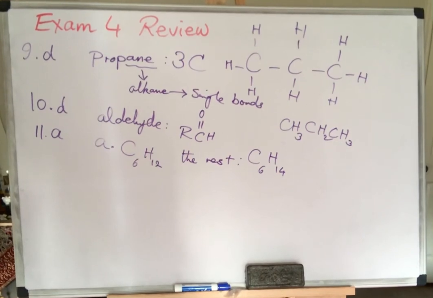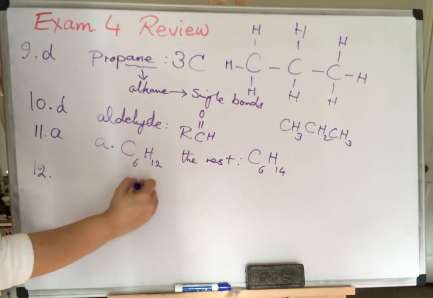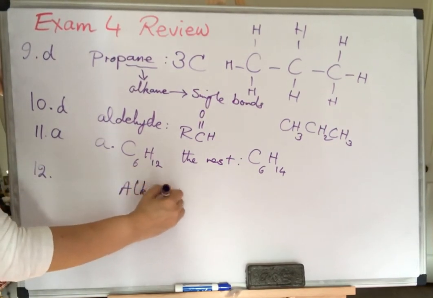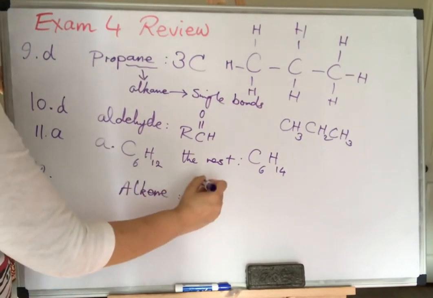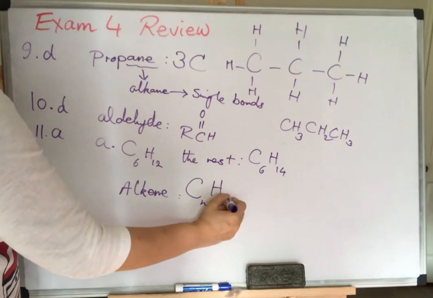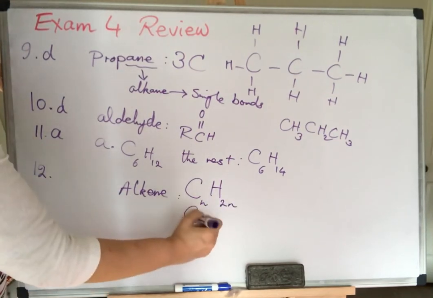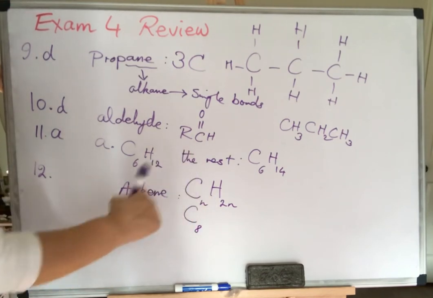Question number 12. What is the molecular formula of a straight chain alkene with 8 carbon atoms? We are talking about alkenes, and we are supposed to know these general formulas. For alkenes, the formula is CnH2n. So if you have 8 carbons, n is the number of carbons.